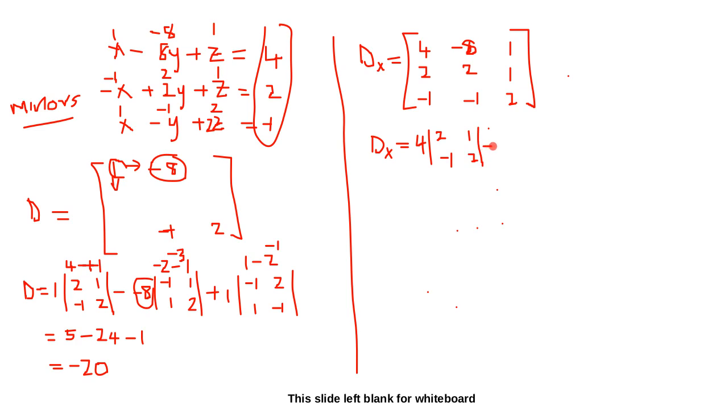Then minus, the element that is appearing next is negative 8. So again, we delete row 1 and column 2. So its minor is 2, 1, negative 1, 2.